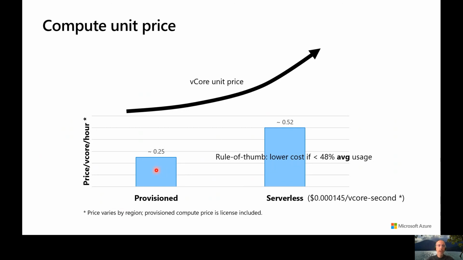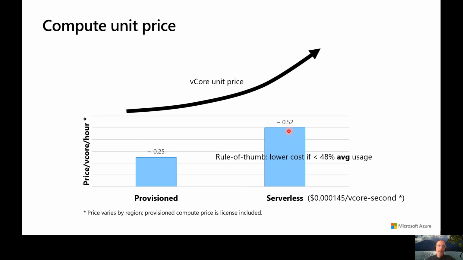In the provisioned compute tier, and of course it varies by region to some extent, but roughly, the retail list price for one core on Gen 5 hardware is about 25 cents per hour. Whereas in serverless, the unit price for one core is roughly twice as much, 52 cents for 1 hour.